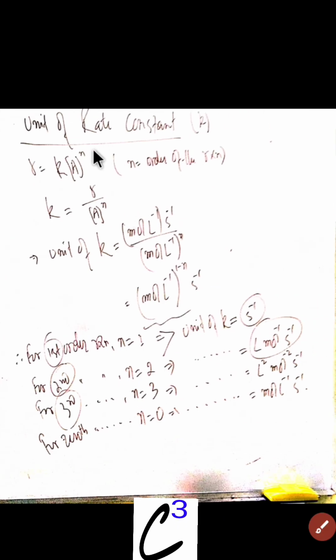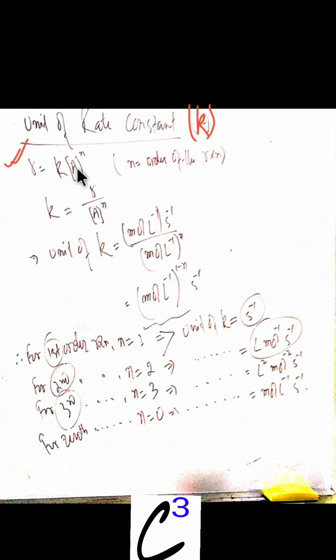Next is the unit of rate constant, K. So if the rate law expression is R is equal to K[A]^n, where n is the order of the reaction, K will be equal to R divided by [A]^n. So the unit of K will be the unit of R divided by the unit of [A]^n. The unit of R is mole per liter per second, and the unit of concentration is mole per liter, and to the power there is n, right?